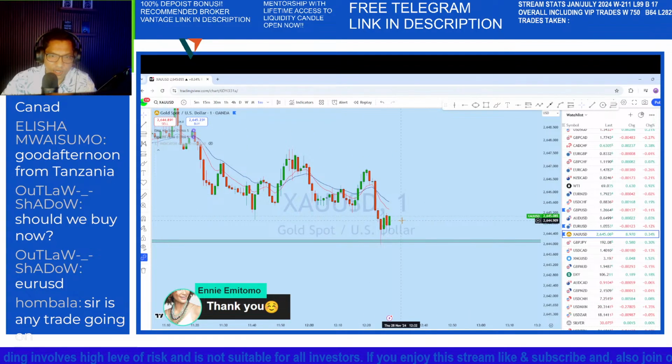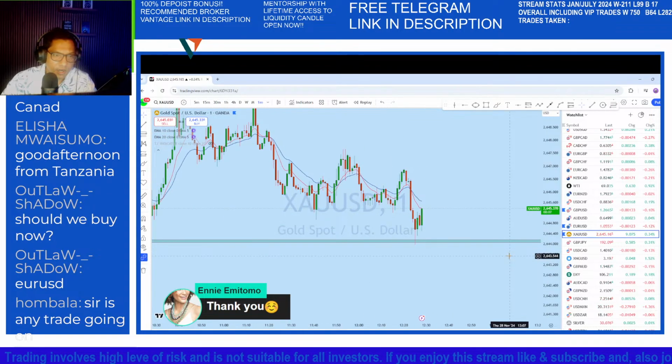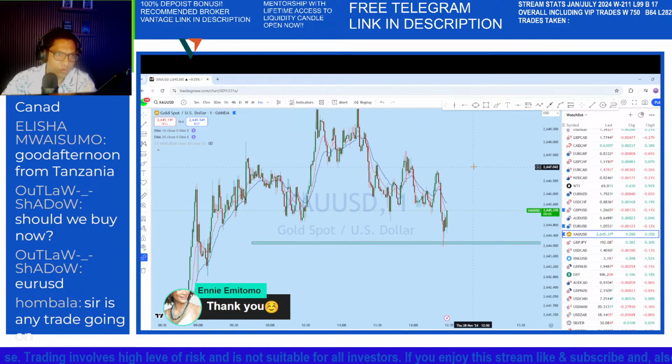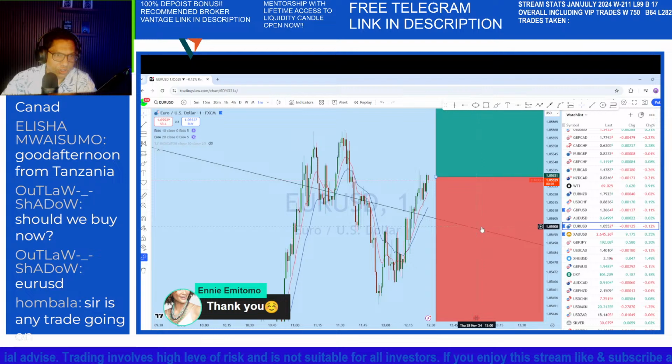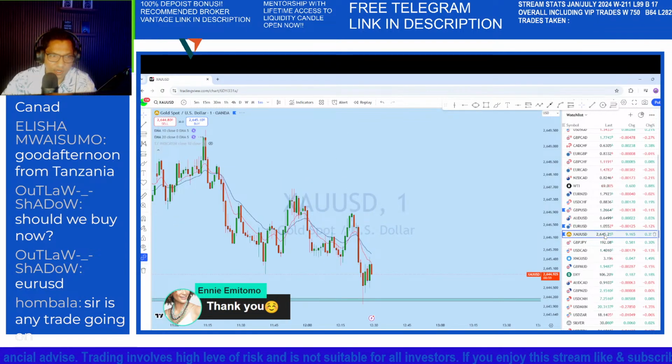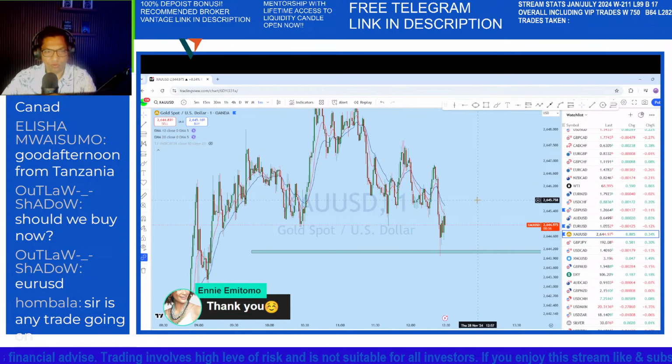Okay, so it's forming a structure here, and I think we might see some movement. We are running euro dollar, which is moving in the direction. Let's see what's happening with XAU USD.